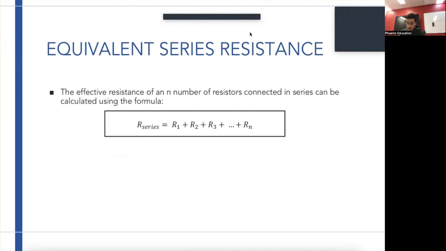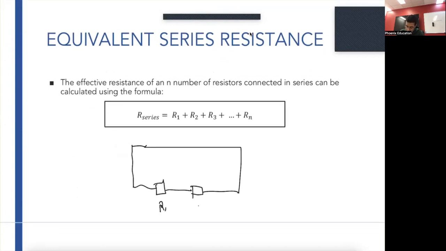Equivalent resistance. So if we have a series circuit, the total resistance of that series circuit will be given by this formula. It's pretty intuitive. All you do is add up the individual resistances of the resistors in the circuit. So if you have multiple resistors like this, the total resistance will be this resistance R1 plus this resistance R2.